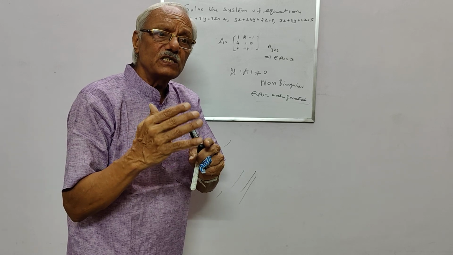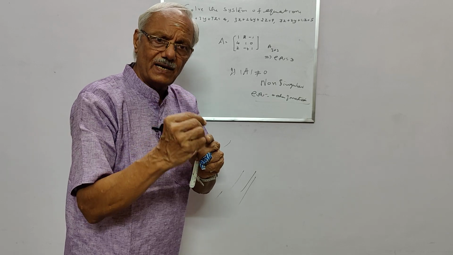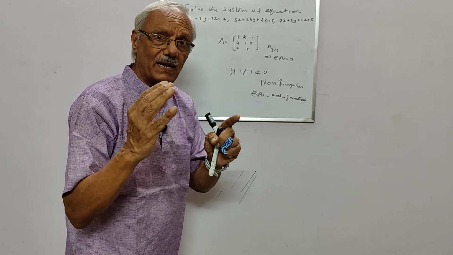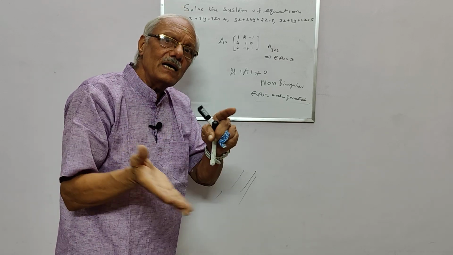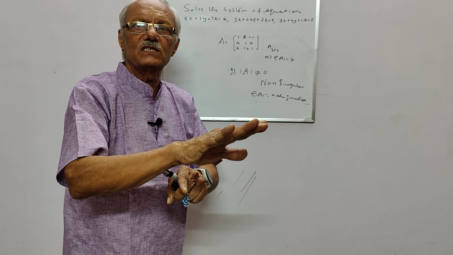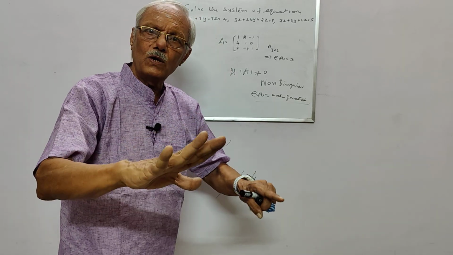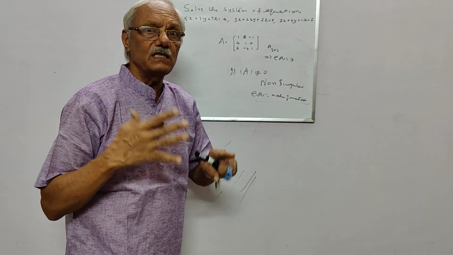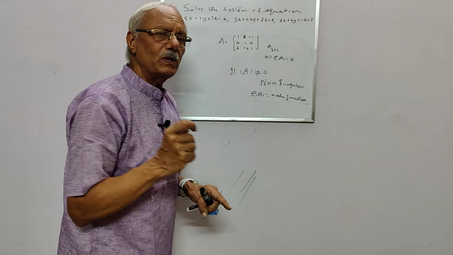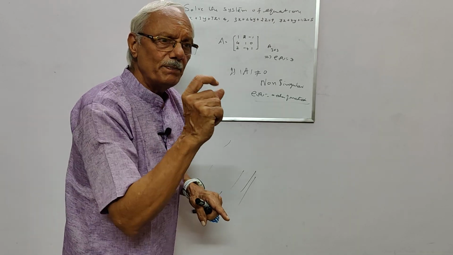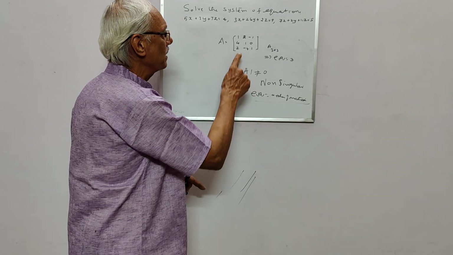If for a particular order of submatrix the determinant value is not equal to 0, but for higher orders the determinant value is 0, then that particular value, say r, will be called the rank of the matrix. This is what I explained to you. So what is the method of doing it?